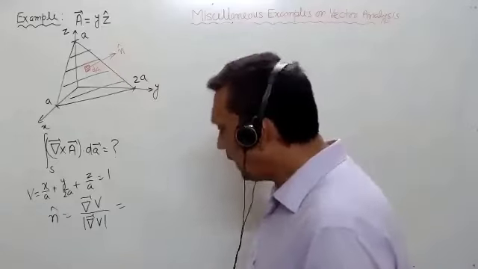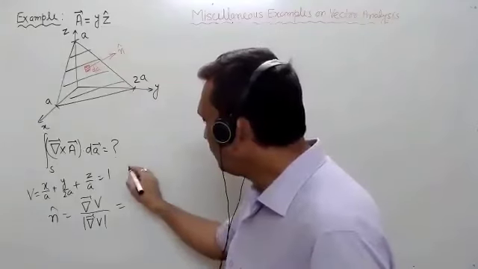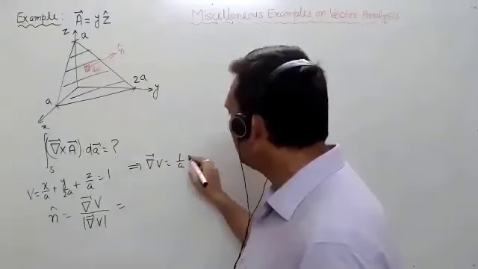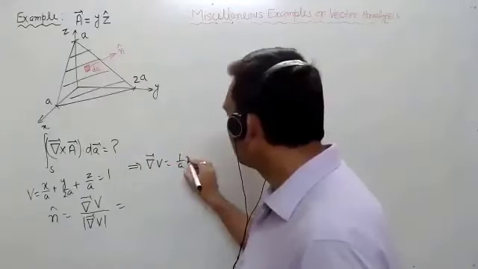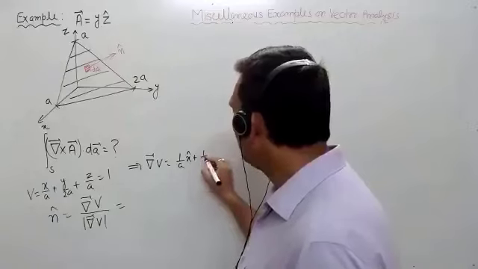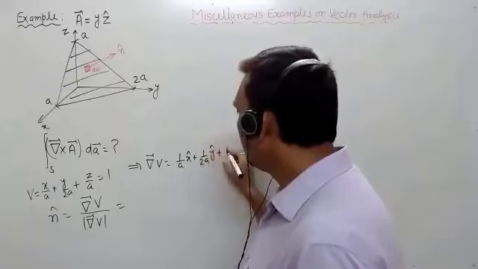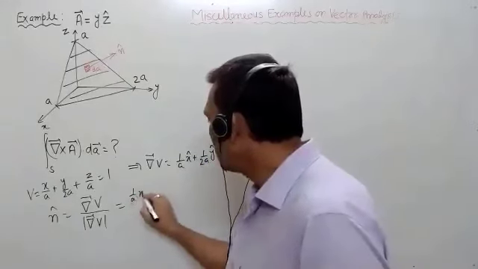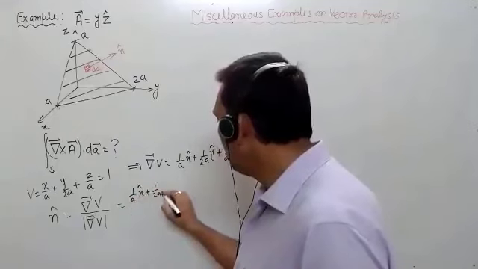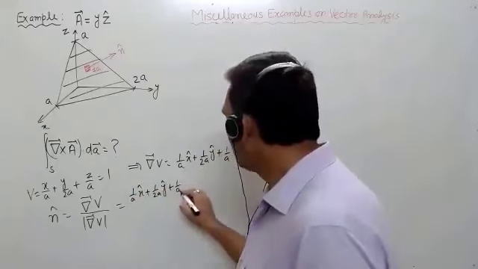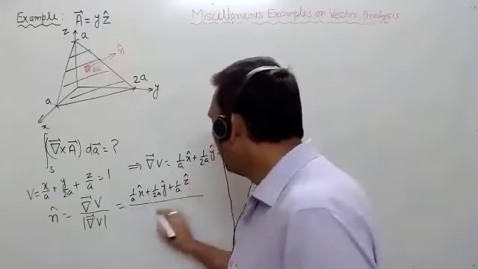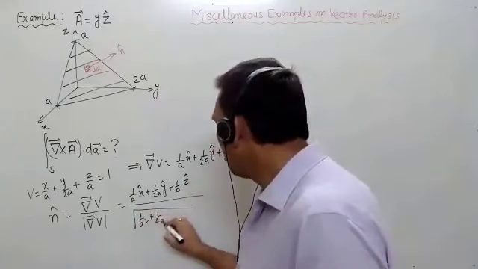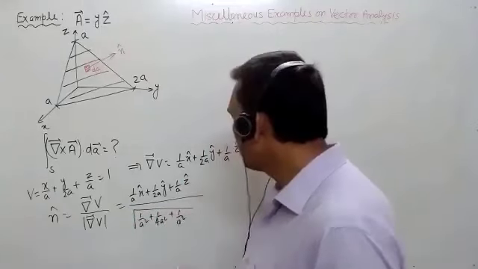Gradient v is given by 1 by a x cap plus 1 by 2a y cap plus 1 by a z cap, divided by under root 1 by a square plus 1 by 4a square plus 1 by a square.